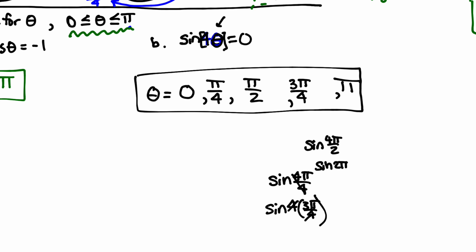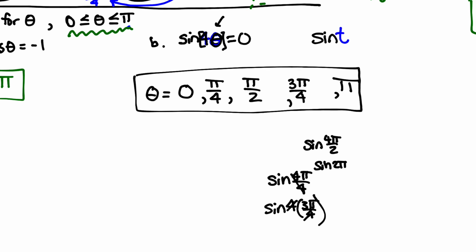One way, and let's see if this makes sense to you guys. You might have seen this in a previous class, but you guys haven't. So here's one way to look at it: what you're really asking is, for what values of t is the sine of t equal to 0? But instead of t, you just have something standing there for t. T is just your placeholder, right? 4 theta could be t, 2 theta could be t, 5 theta could be t.